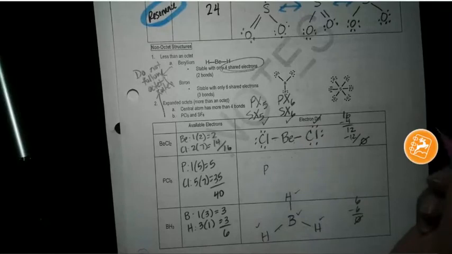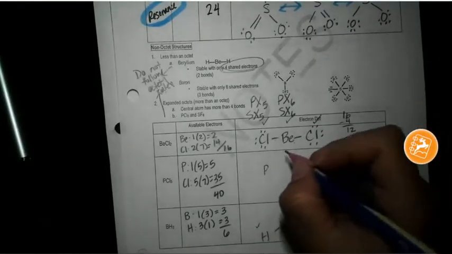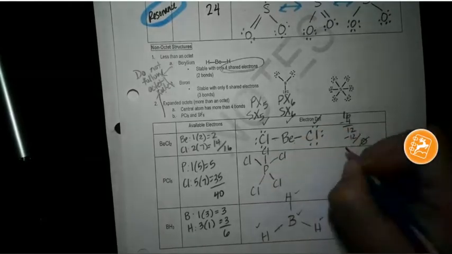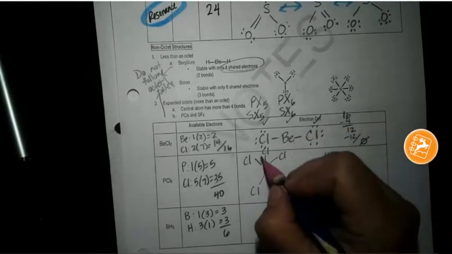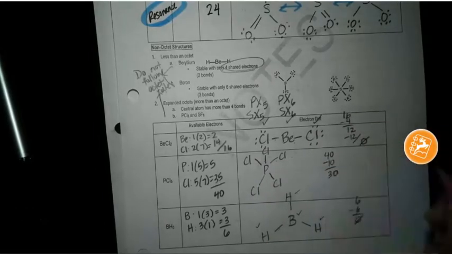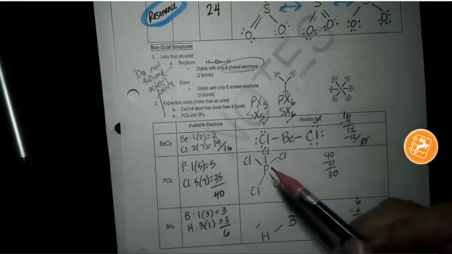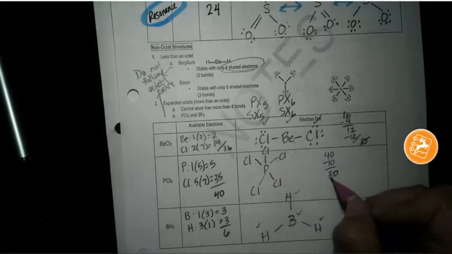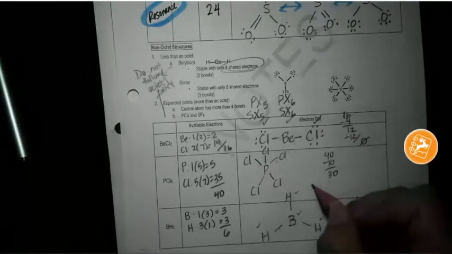I know that P goes in the middle, right? And so what happens is I just go ahead and put all 5 Cl's onto my P, right? And so now I had 40. Now I've already used 2, 4, 6, 8, 10. I have 30 left, right? And if I have 1, 2, 3, 4, 5 atoms, 30 divided by 5 gives us 6.